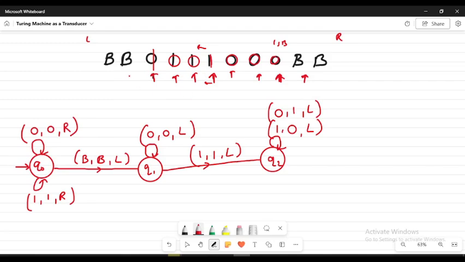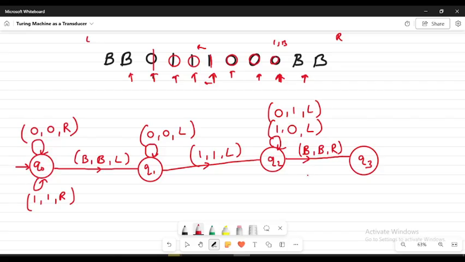After moving left, you will suddenly hit a blank. Whenever you hit the blank, keep it as blank and move, turn right or left, it doesn't matter. Now at this state Q3, it will halt. Are you getting it?